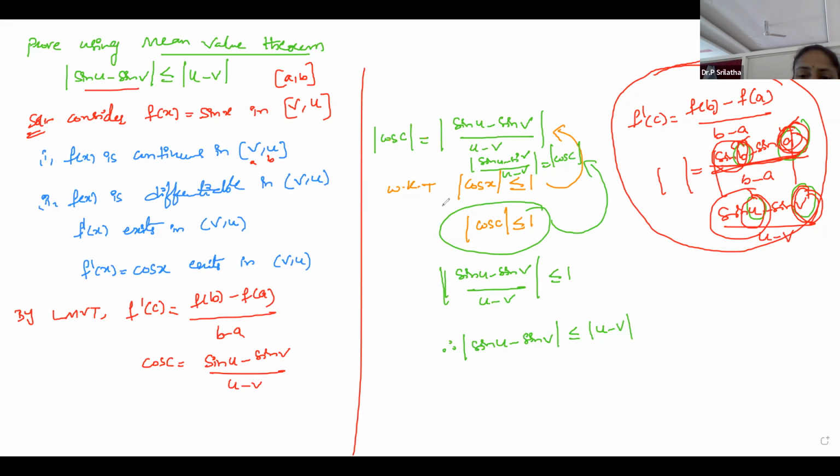This formula plays a vital role here, the most important step. The problem turning step is modulus of cos x is always less than or equal to 1. That is like one formula. So that formula we are using here, because it is applicable here. Okay?